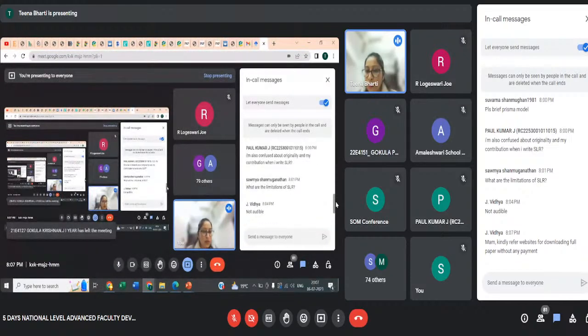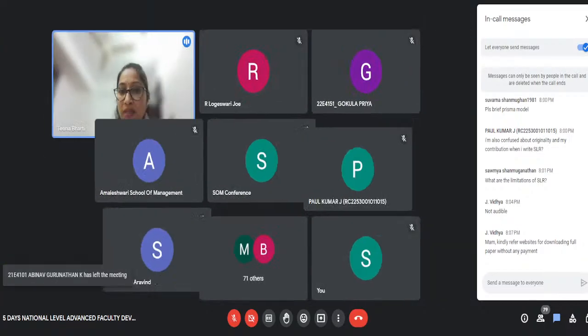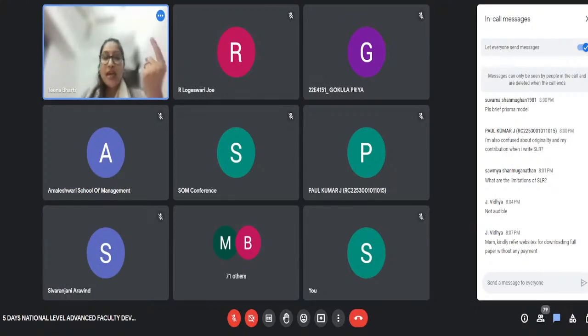Okay. So there is a question related to what are the limitations of SLR. Now, just to mention, the first limitation is that when we are performing a literature review and we often go for one or the other database, sometimes we lose on very reliable literature, reliable articles and reliable journals.